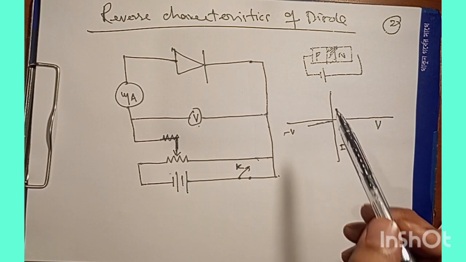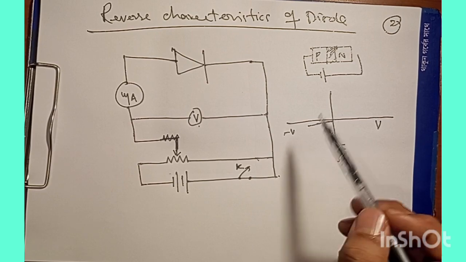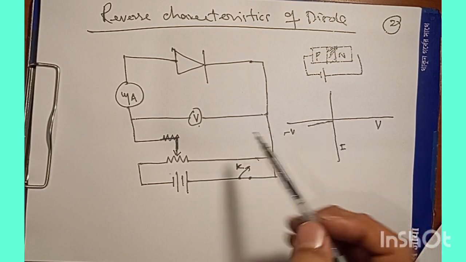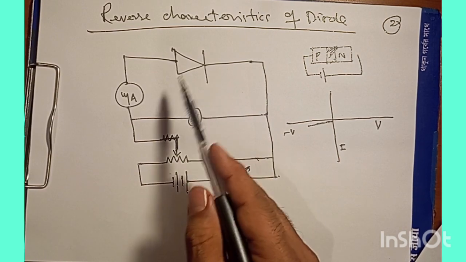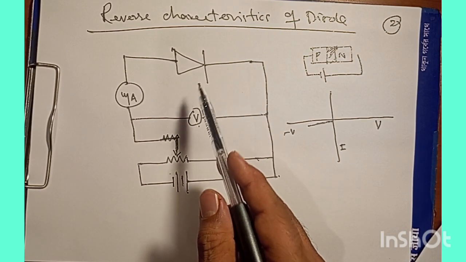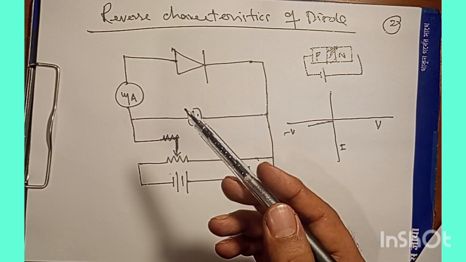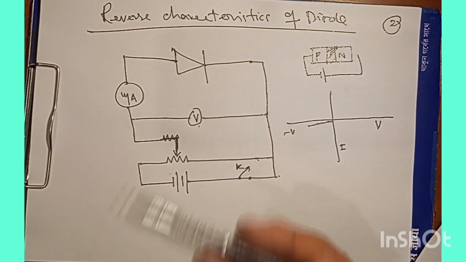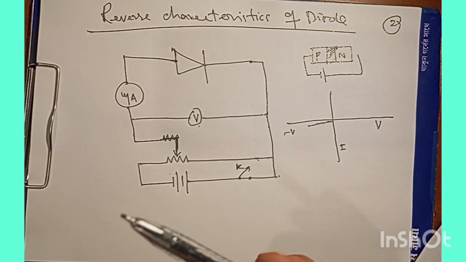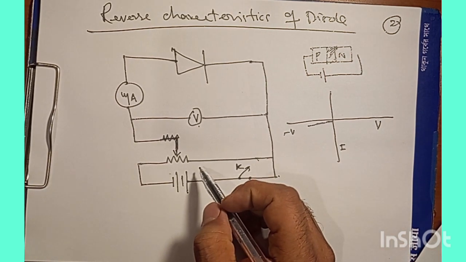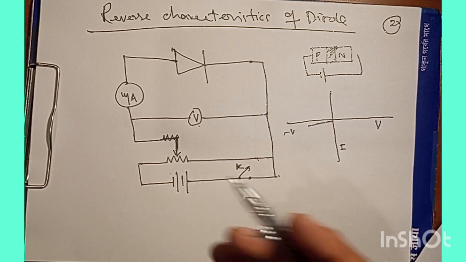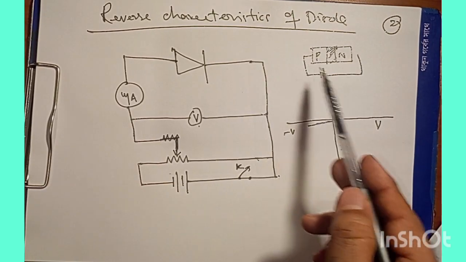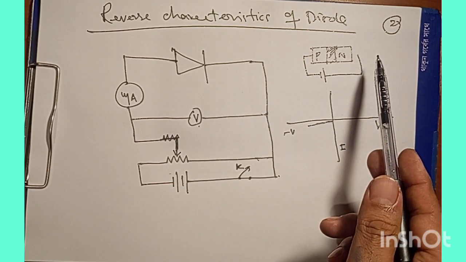As this reverse voltage is increased, we have a rheostat and we can use it to enhance the voltage across the PN junction. As the reverse voltage is increased to some value, what we call the breakdown voltage, a large number of covalent bonds in the P and N regions of this PN junction are broken.